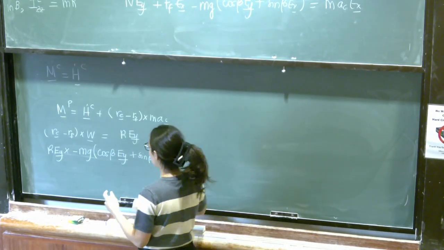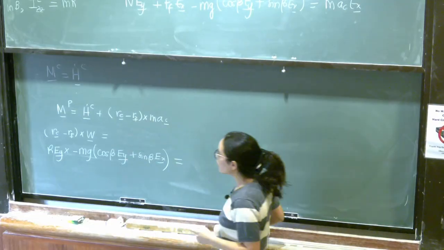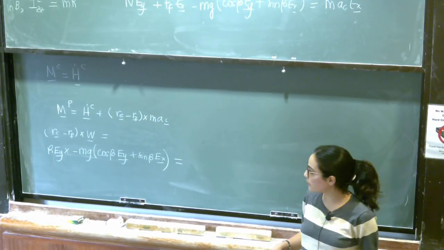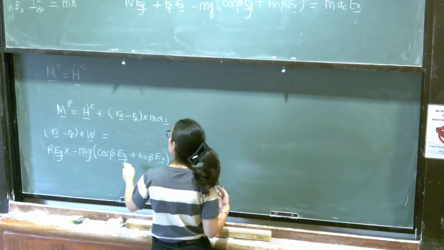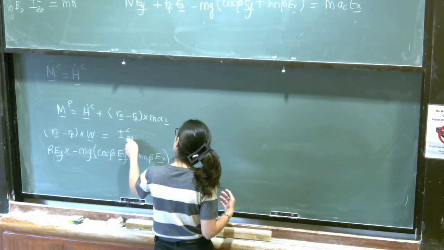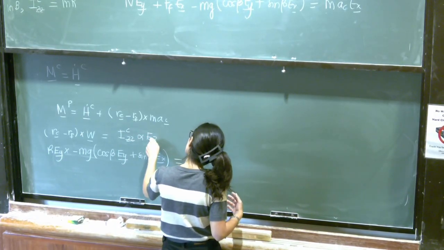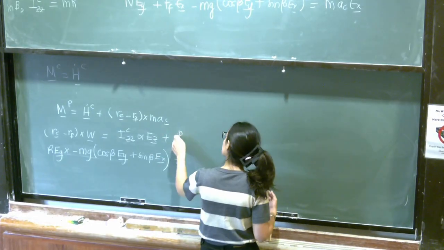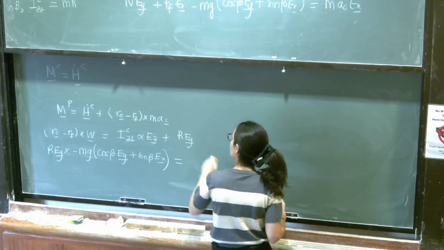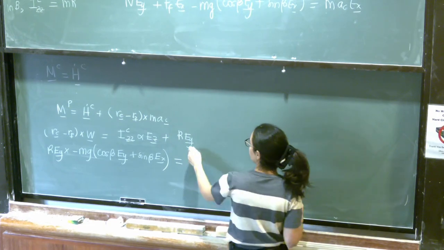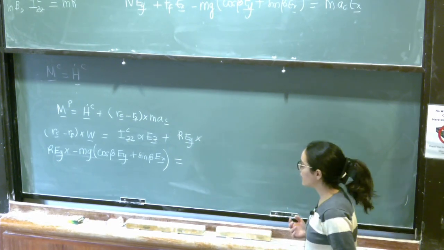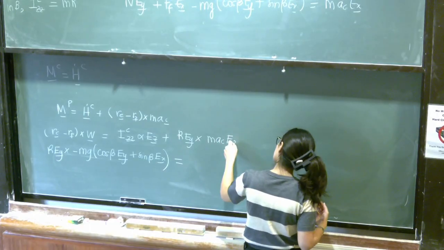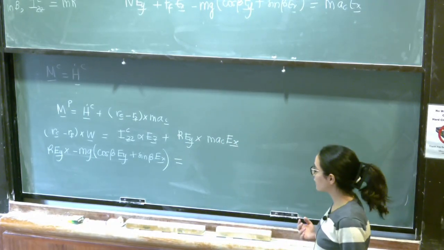No, I forgot the H dot C. So here the products of inertia are zero also, symmetries. So H dot C is going to be ICZZ alpha EZ plus RC minus RP, which is R EY, crossed with M AC EX.